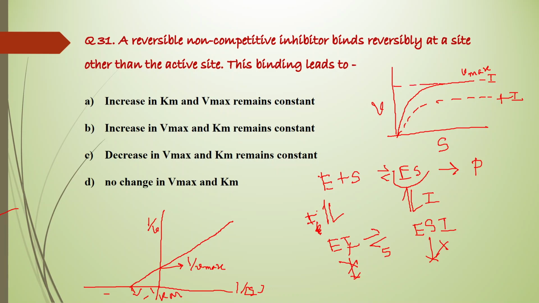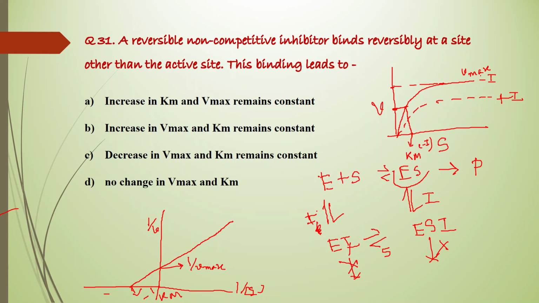Without inhibitor, this was our Vmax. Km is the substrate concentration where V equals Vmax by 2. So half of Vmax will be here. Let us look at the corresponding substrate concentration. This was the Km value without any inhibitor.